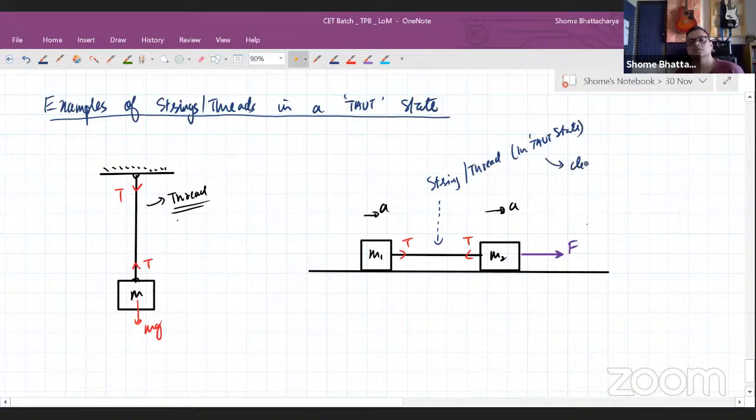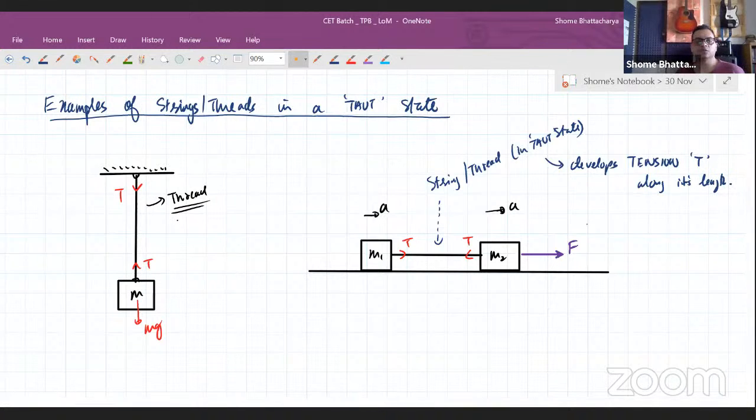So it develops the tension T along its length. Okay, so we'll understand the situation numerically also, but first just get familiar with the concept of a taut string in different circumstances.